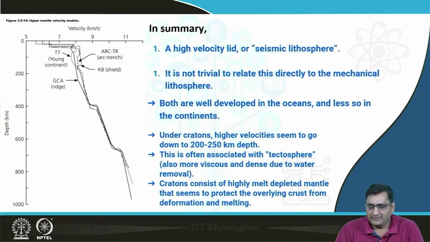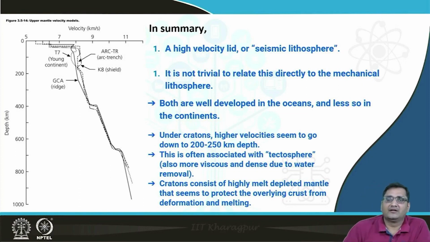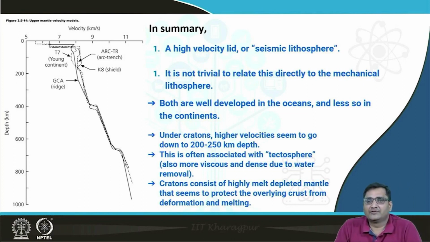In summary, what we have learnt about the seismic lithosphere, which is a high velocity zone also named as the lid, is that it is not trivial to relate this directly to the mechanical lithosphere, and both are very well developed in the oceans and less developed in the continents.